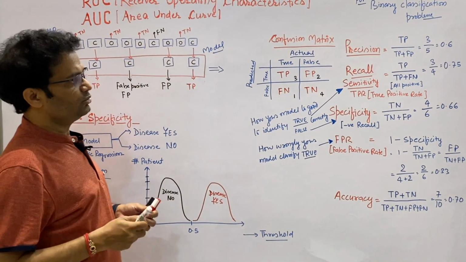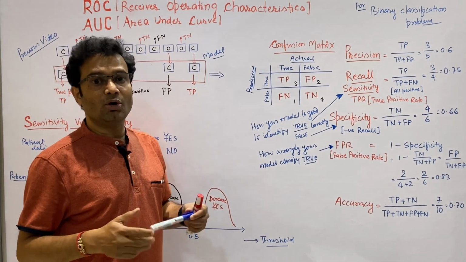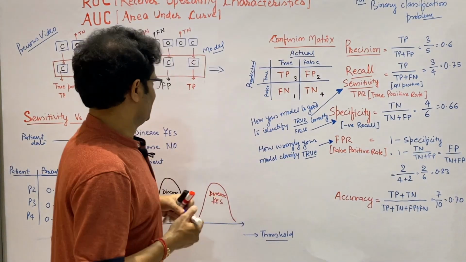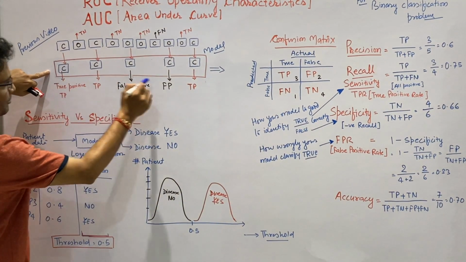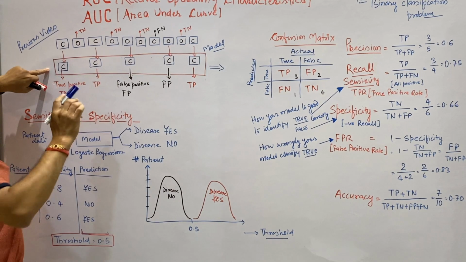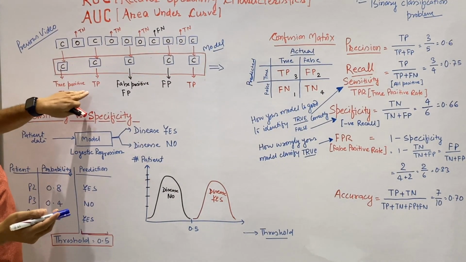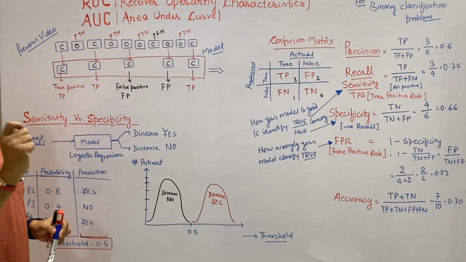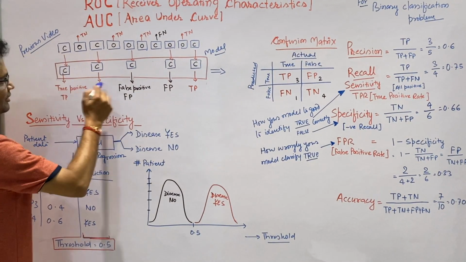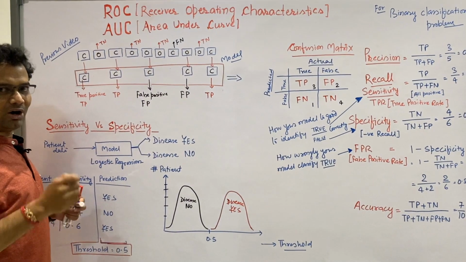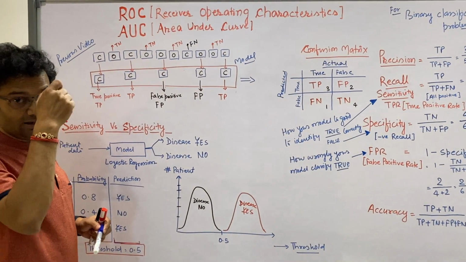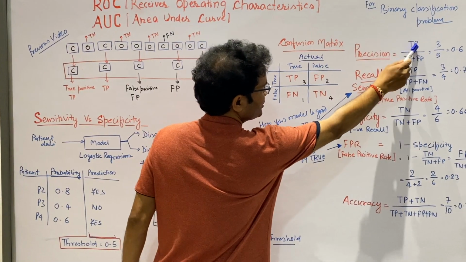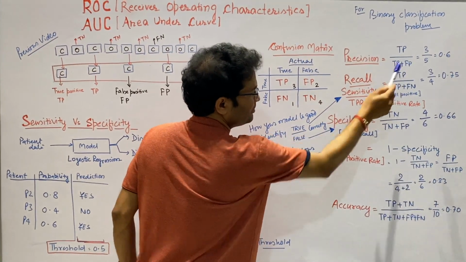Now we have some terminology to find out how your model is working. One is precision. Precision says: out of the complete output of the model, all the predicted positives, how many are actually positive, actually cats. The formula of precision is true positive divided by true positive plus false positive.